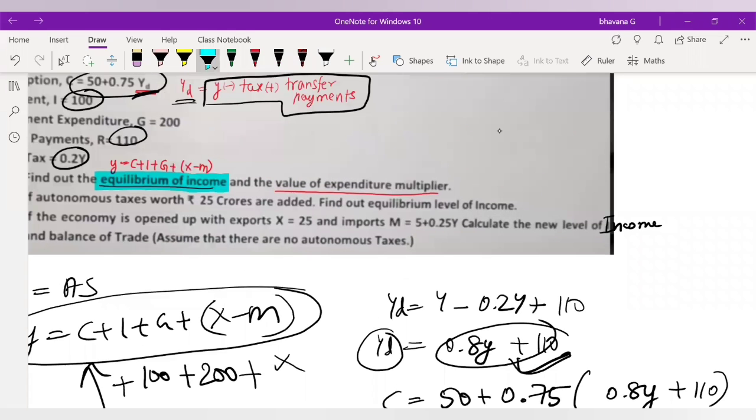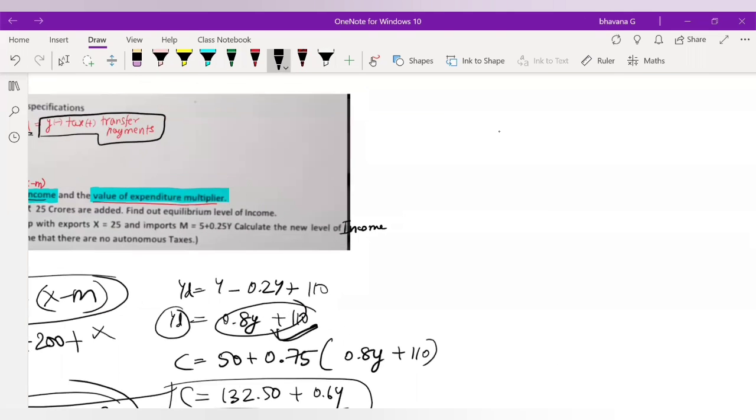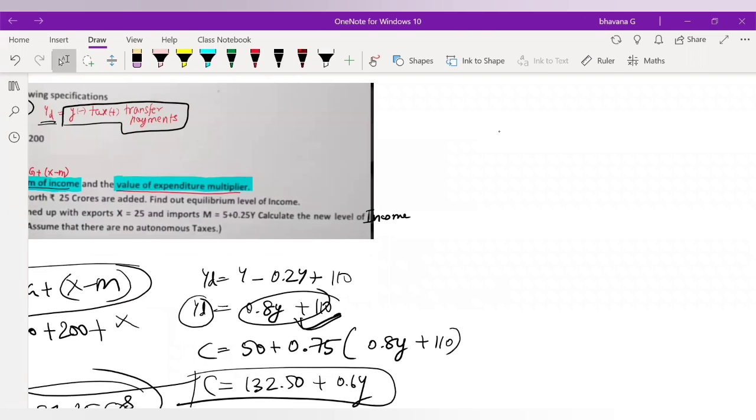Here next they have told you to find the value of expenditure multiplier. What is your investment multiplier formula, guys? It is nothing but k equal to delta Y by delta I, which is nothing but 1 by 1 minus MPC, or 1 by MPS, right?